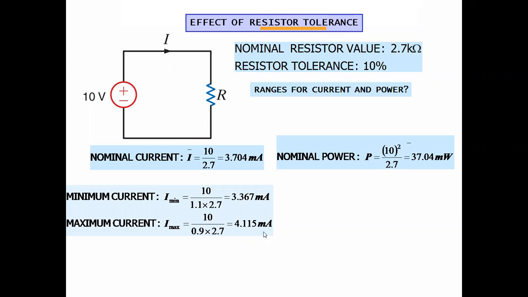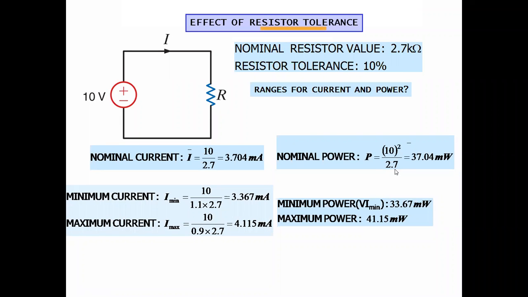It will give us 4.115 milliamps as the current. So these are the effects of adding resistance tolerance. Depending upon the value of current, we can calculate the maximum and minimum power.